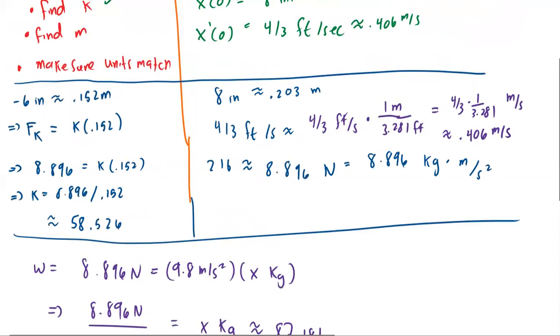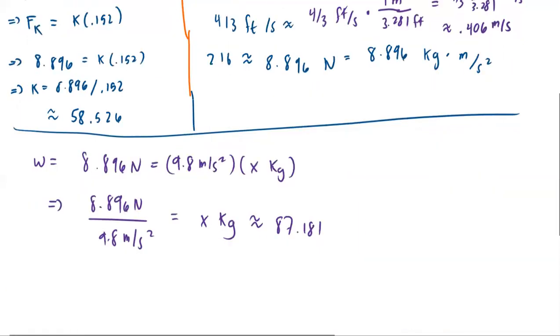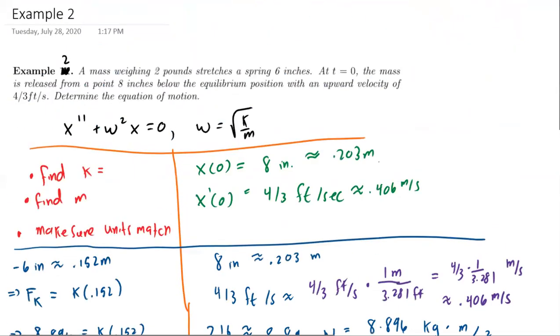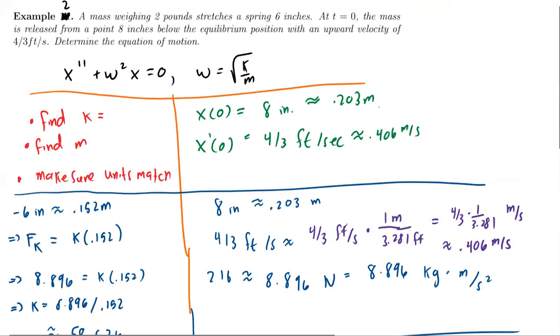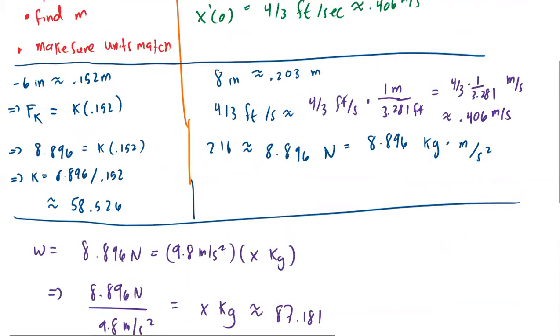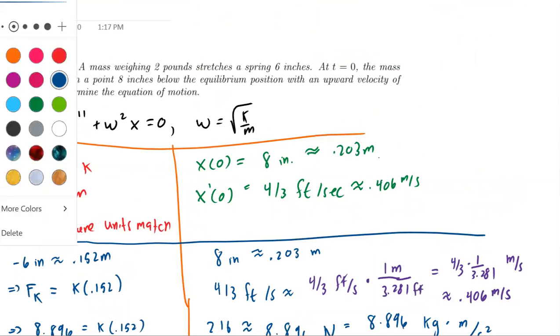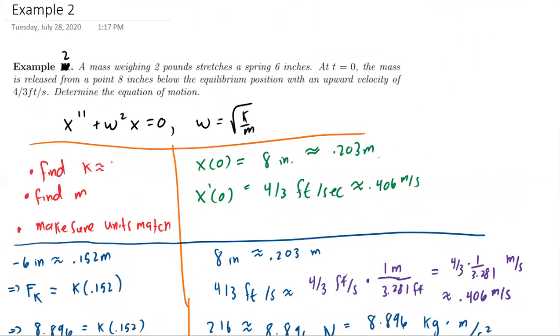So let's go ahead and fill it in here at the start. The units for K don't really matter. You can find them if you want, but they don't really matter. The same for M, but it was important for us to use the right units as we were finding M. So K here is going to be, where was K? 58.526, approximately. Now, all of these numbers are actually rational, meaning that I could have written them exactly.